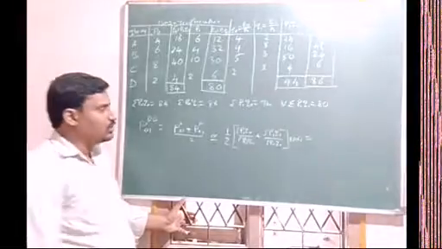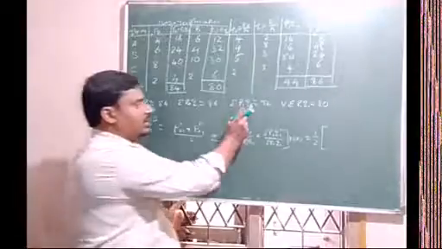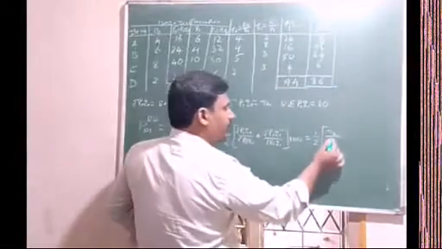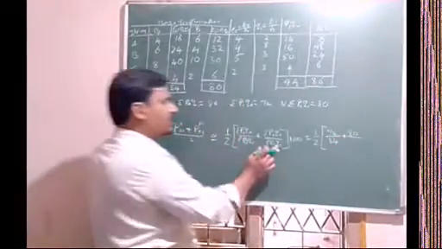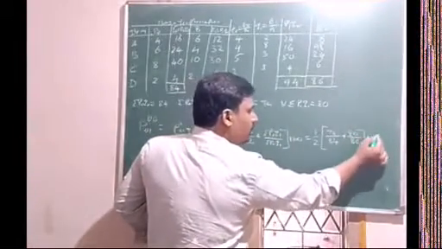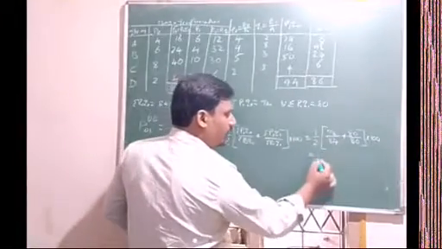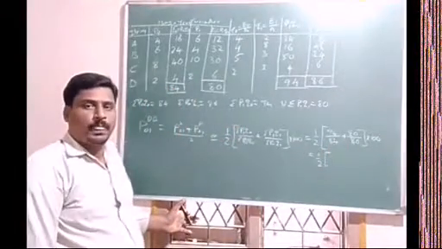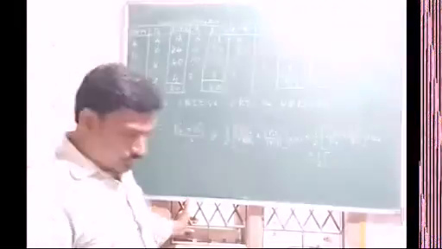So that is equal to 1 divided by 2 into bracket summation P1Q0 is 94 divided by summation P0Q0 84 plus summation P1Q1 80 divided by summation P0Q1 86, into 100. So in the next step, what we get here? 1 divided by 2 into bracket 94 divided by 84. 1.119.